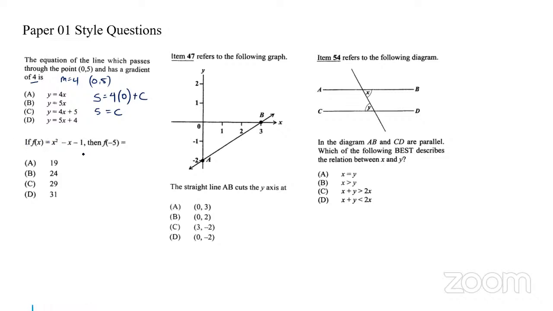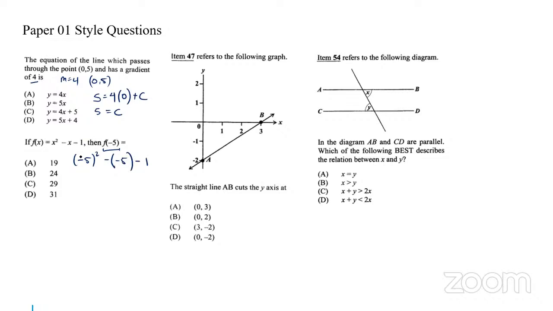To this second question here, x squared minus x minus 1. If f of x is equal to x squared minus x minus 1, then f of negative 5 is equal to what? So when it is written like this, basically it's asking for us to replace wherever x is with negative 5. So that would be negative 5 squared minus x is there, so we're going to minus negative 5 here, minus 1.